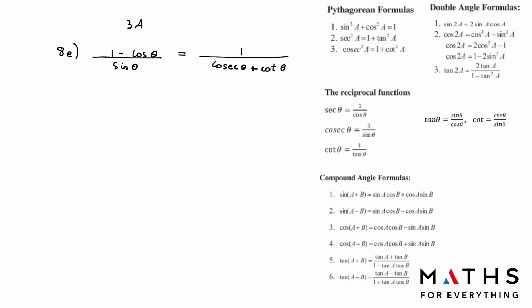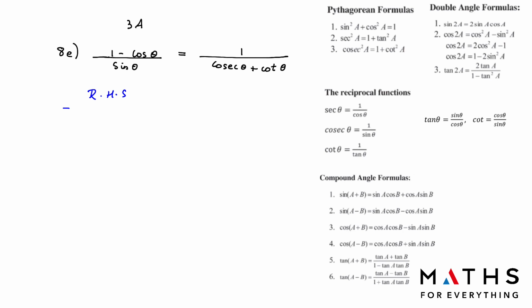Moving on to the next and the last question of 3a, we are going to choose the right hand side. And I'm sure you know the reason why we are choosing the right hand side, because there is a 1. Now you also have a 1 here, but in the denominator you have cosec theta plus cot theta, and we can connect cosec and cot with the 1.